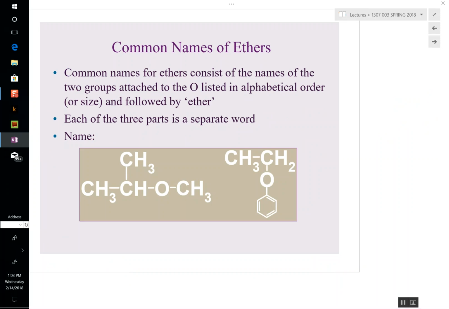Okay, now let's move on. Look at naming these 2, but don't worry about both of them. Look at this one. That one has 2 recognizable substituents on either side of it. You know what that is. What is that?